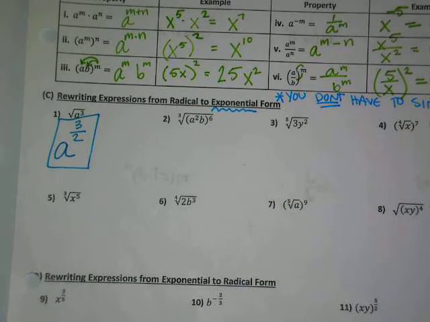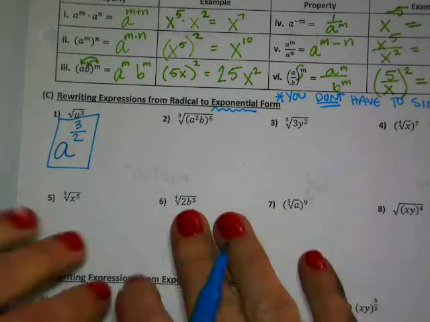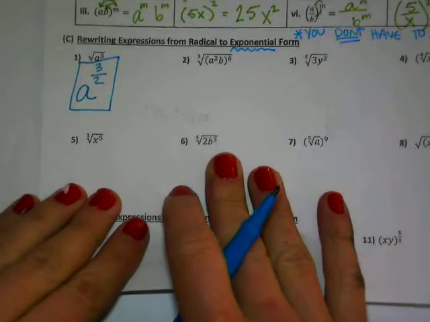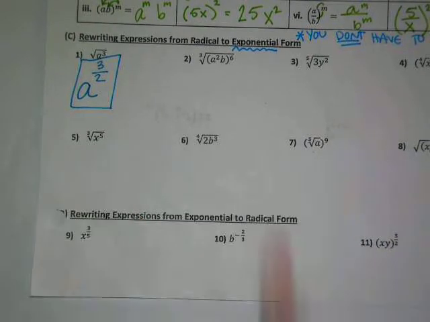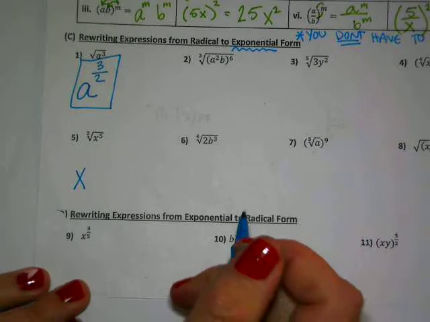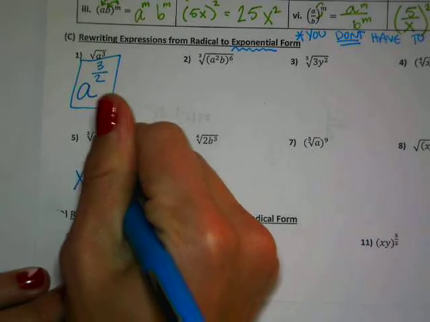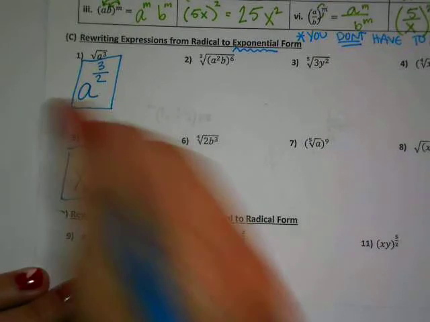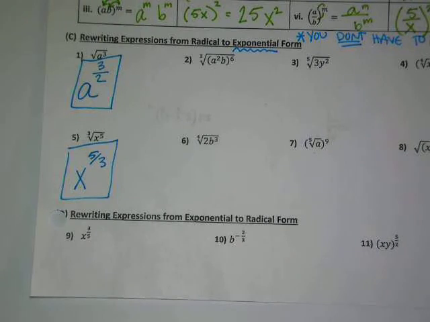Does that make sense? All right, go to number 5. 5 would be 5 over 3, right? Yep. Exponent is a 5, root is a 3, so you rewrite it as 5 over 3.